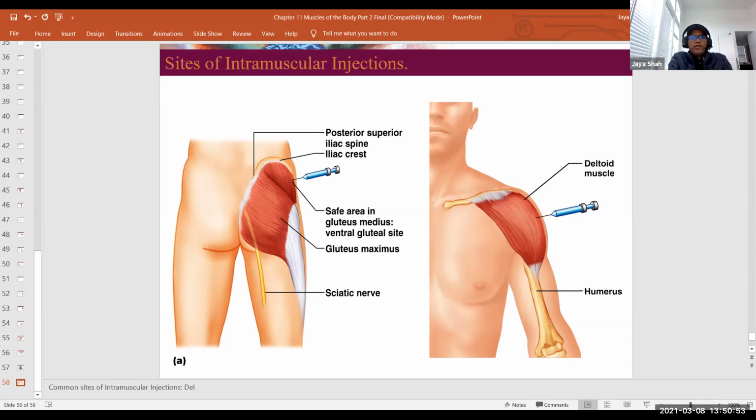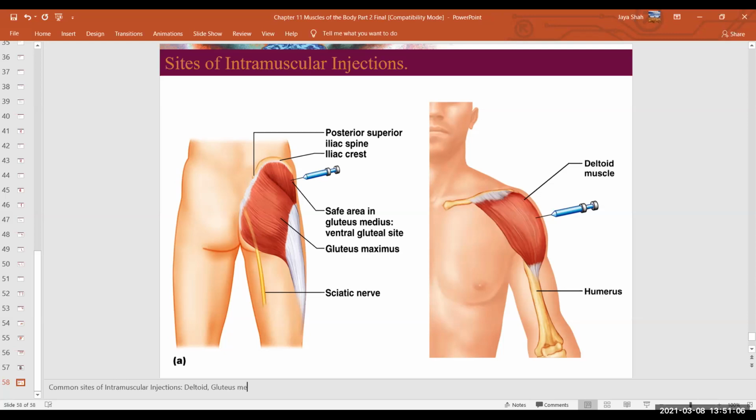So number one, deltoid. Deltoid and gluteus. And gluteus, which one? Medius. Gluteus medius.